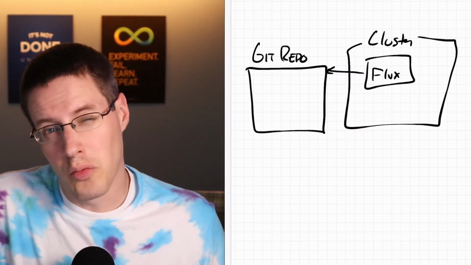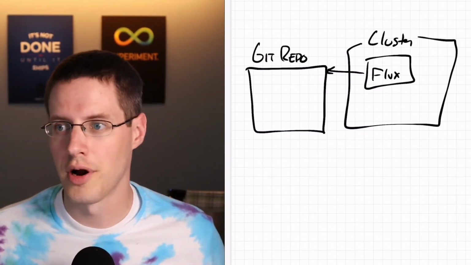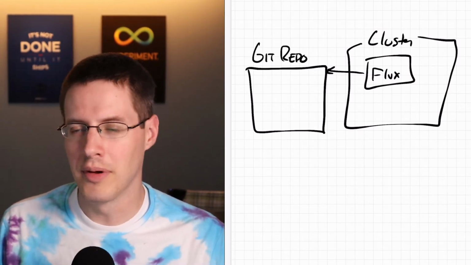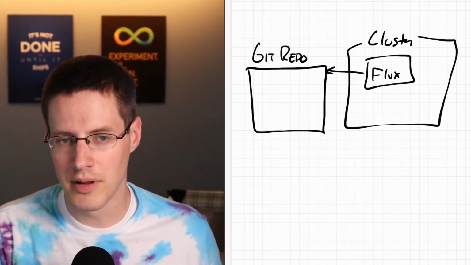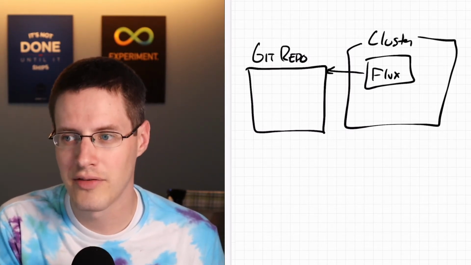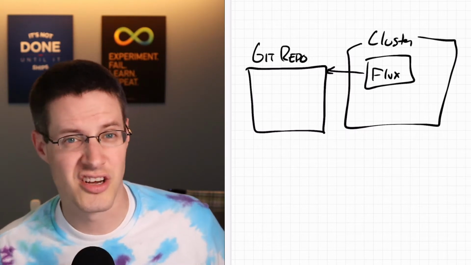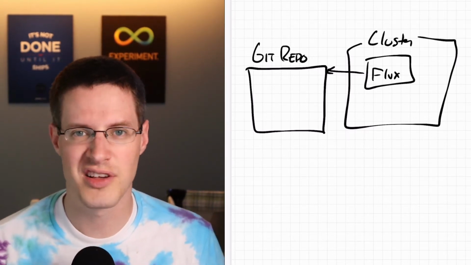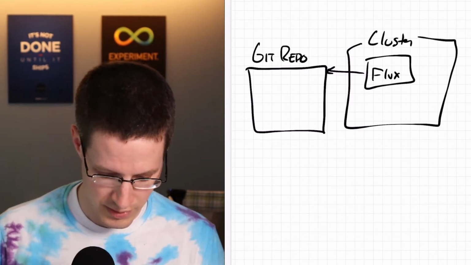That makes that repo a source of truth for a particular tenant or an application team. I'm not going to get into all the benefits of GitOps, but that's one of the big things. Another is that our pipelines no longer have to be credentialed to know how to push changes into the cluster. Flux itself keeps all those credentials within the cluster.